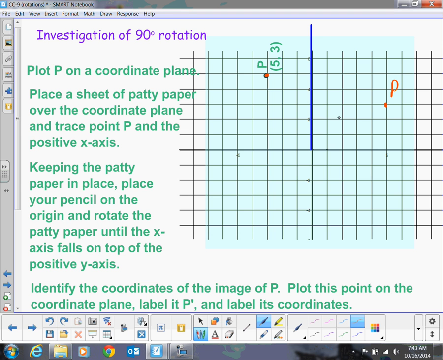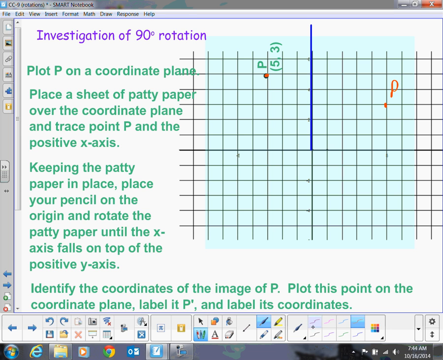We just rotated. You place a sheet of patty paper over the coordinate plane, trace point P and the positive x-axis, put your pencil point on the origin, and turn your patty paper till the positive x-axis lands on top of the positive y-axis.